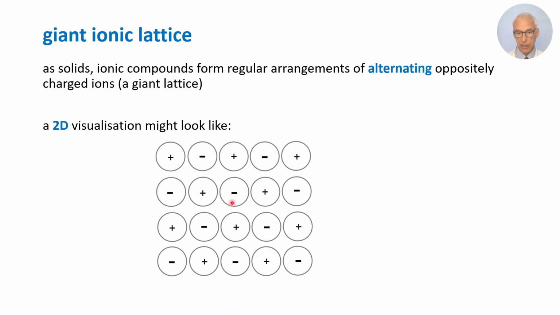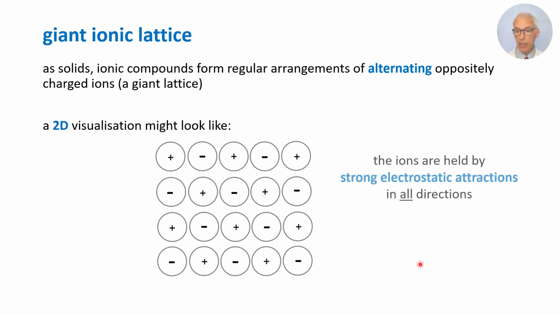We have negative ions surrounded by positive ions in all directions. These ions are held by strong electrostatic attractions that work in all directions. So attractions to the right, as I'm reading it, attractions to the left, above and below, attractions in all directions.